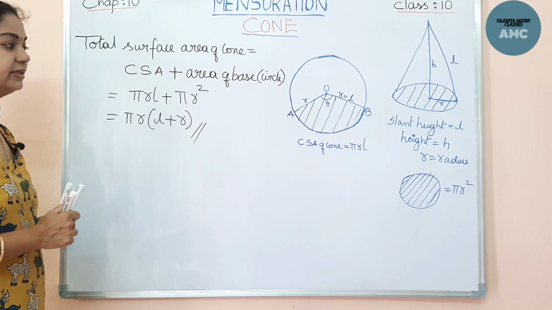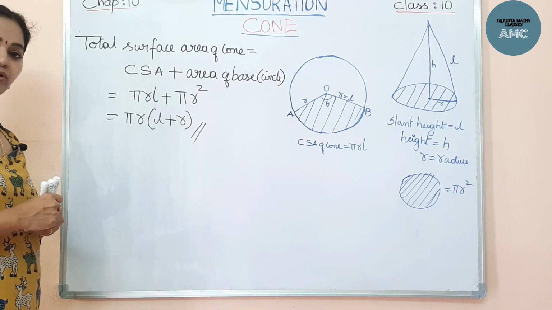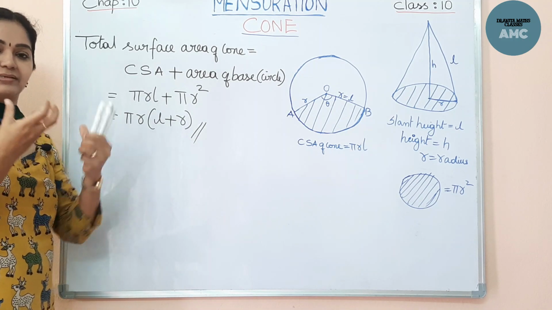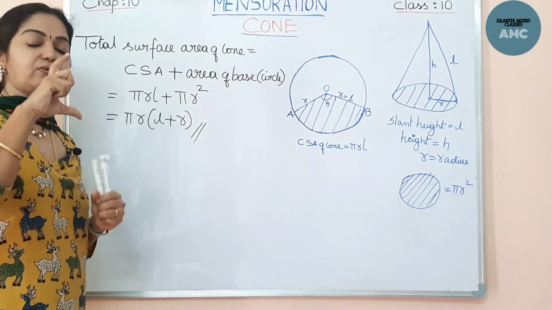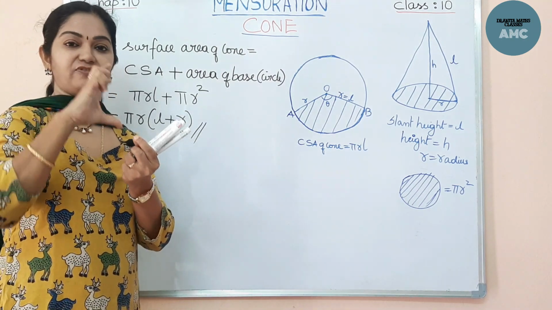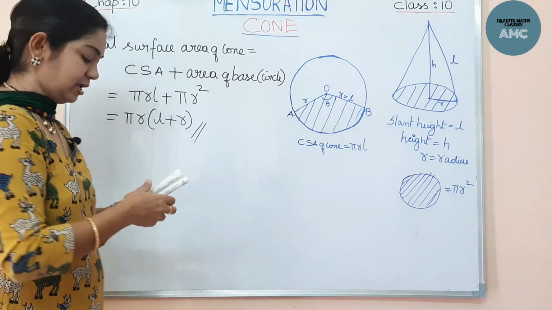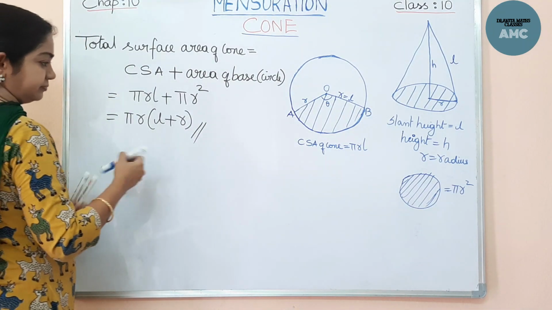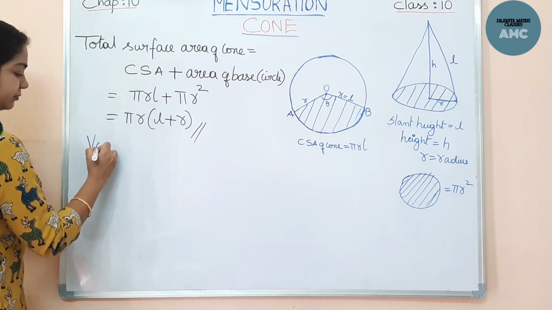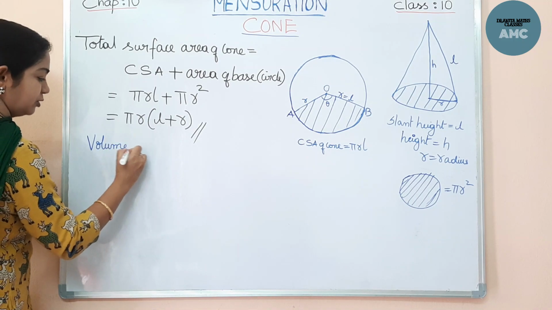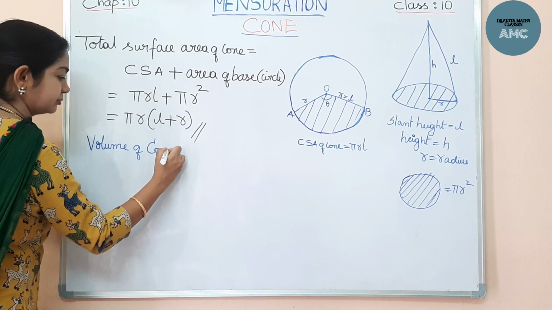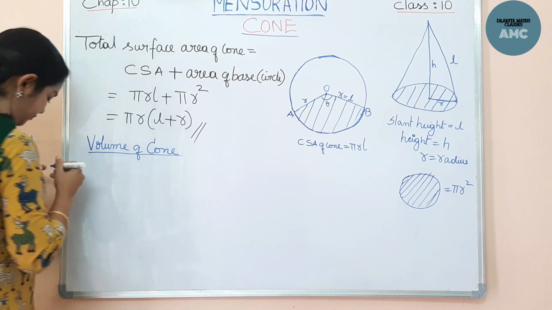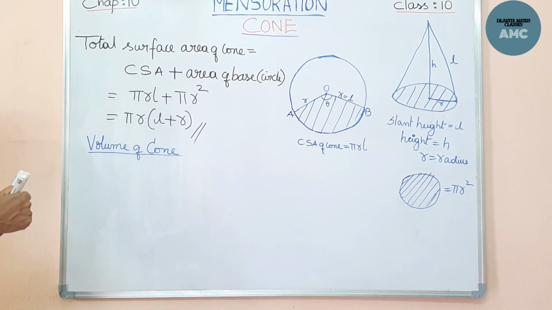Now we will find the volume of the cone. If you see the ice cream cone, how much ice cream it has been filled up, that is the volume, isn't it? Now, to find the volume of a cone, I'll tell you an example, and we will take two.